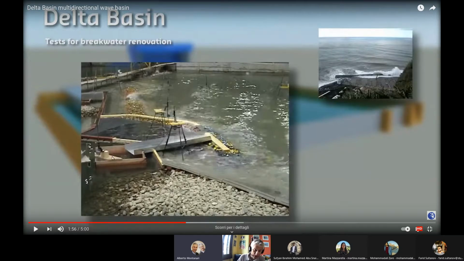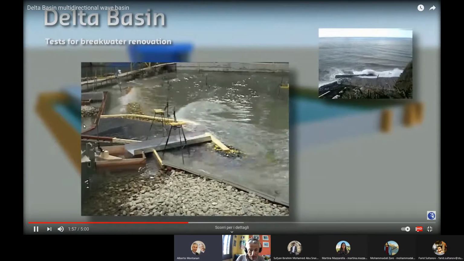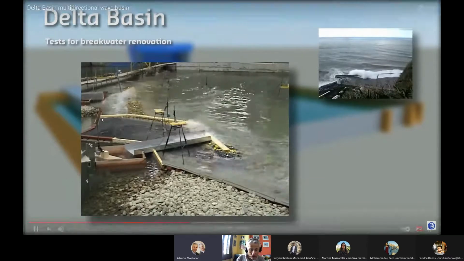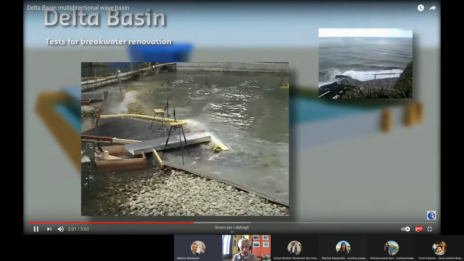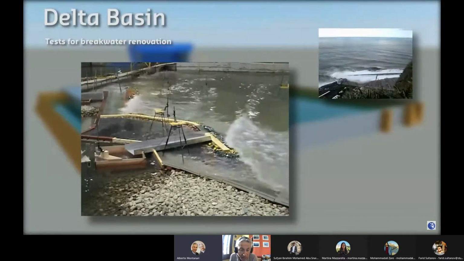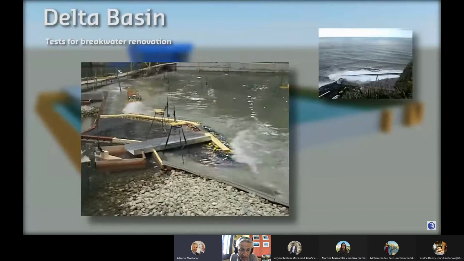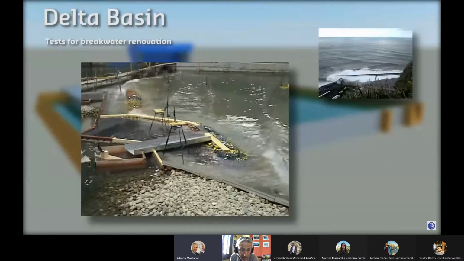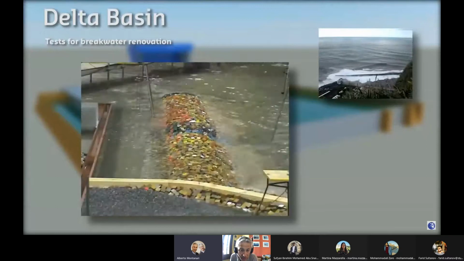Of course, if you can track the movement of the particles, then you get an idea of the direction of the flow. Let me now reproduce it again. You see they are generating waves in order to give a forcing on this structure. I'm not sure what the scale is here, but the pool is 50 meters.